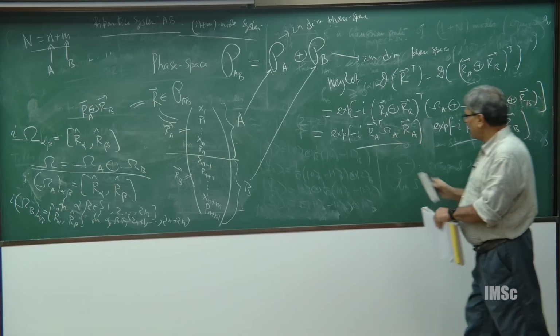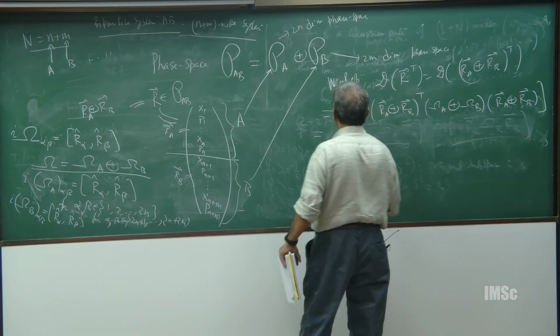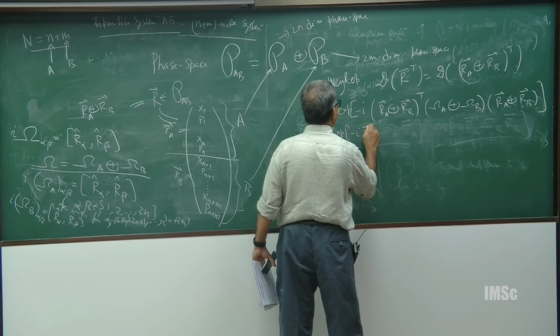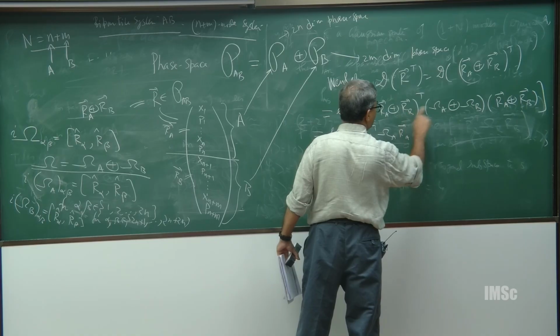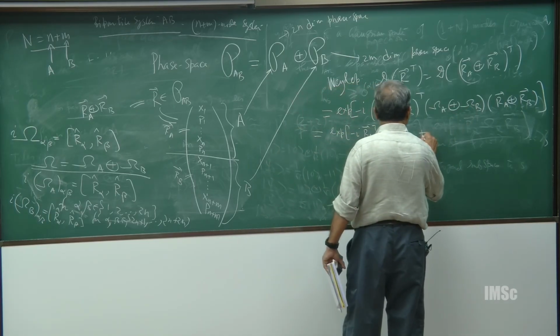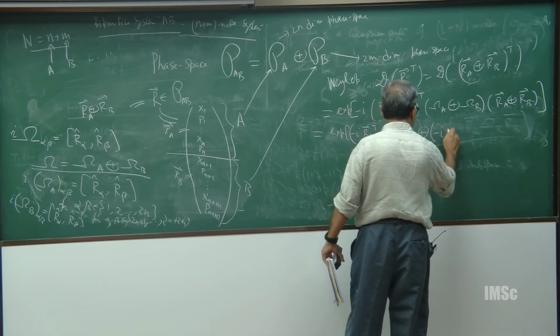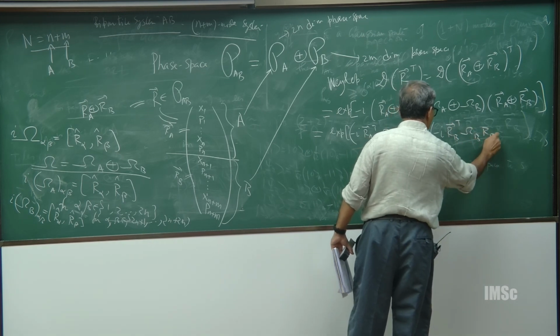So ultimately, if I just write one more step, this will be exponential of minus iota R A transpose omega A R A, because the cross term will not be there, and then plus minus iota R B transpose omega B R B, right.